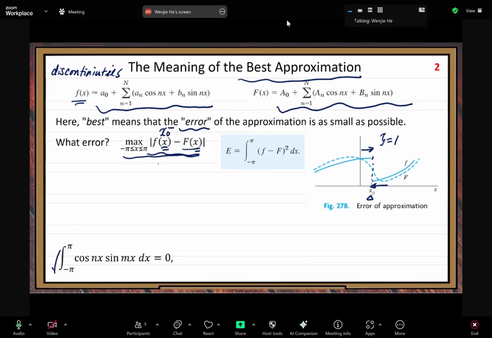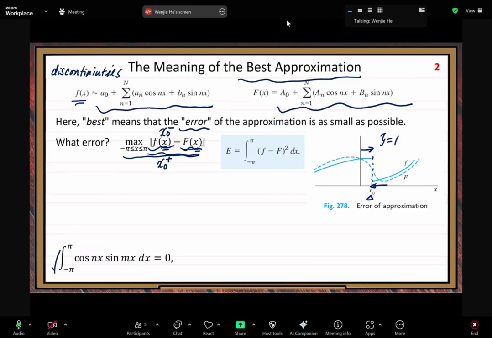Then the second time we calculate the limit at x0 from the plus direction, the right limit. The difference of the left limit and right limit of this little f function is 1, but for this capital F function, the left limit and right limit are the same, right? It's continuous.